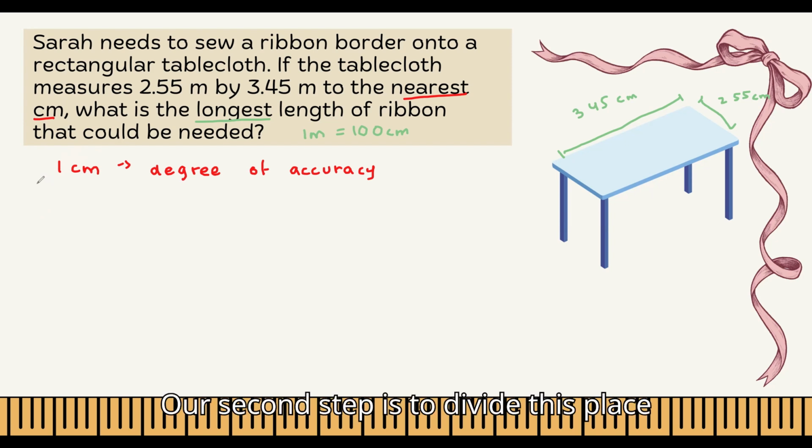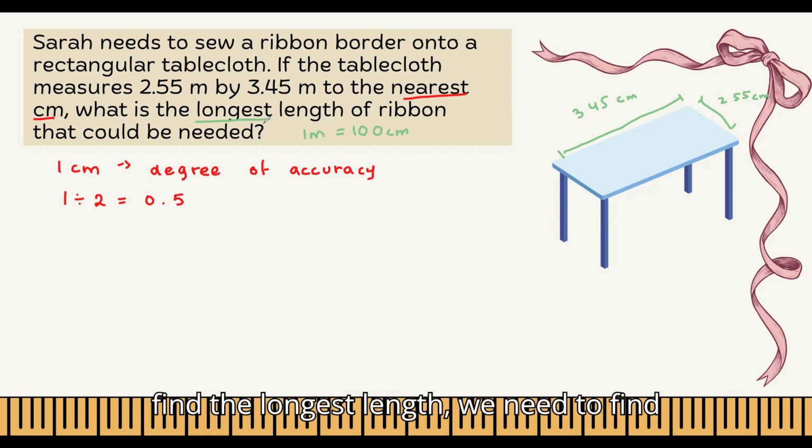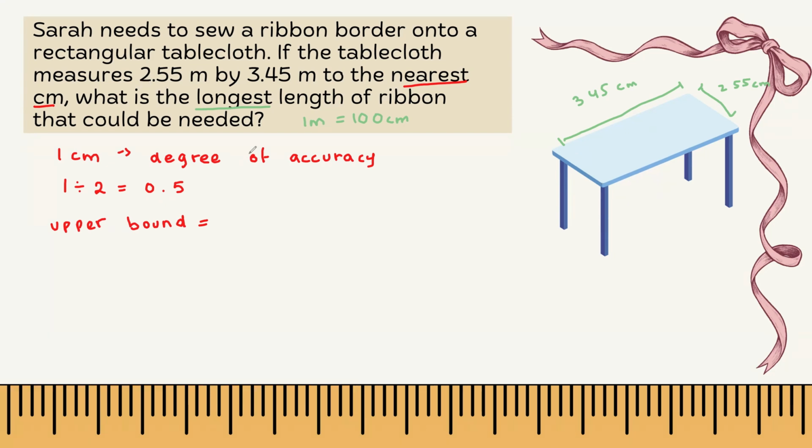Our second step is to divide this place by 2. So we're going to do 1 divided by 2, which is going to give us 0.5. Now to find the longest length, we need to find the upper bound. So the upper bound is going to equal our original length, plus 0.5.